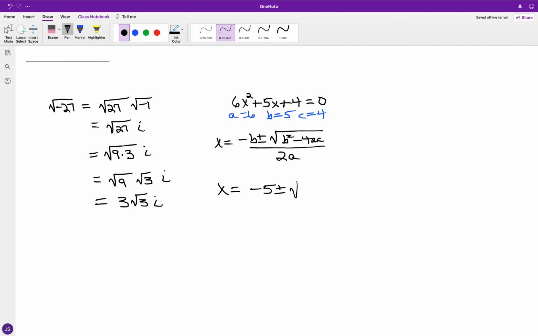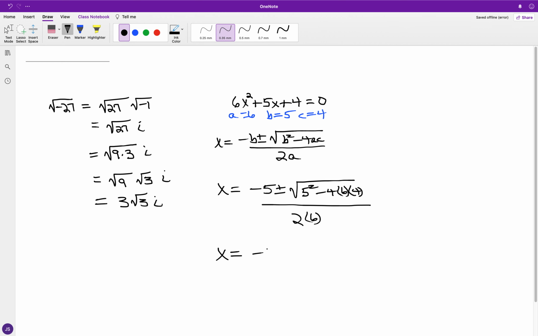Plus or minus the square root. Now b squared is going to be 5 squared, and we've got minus 4 times a times c, so minus 4 times 6 times 4, all over 2a, where we have 2 times 6.